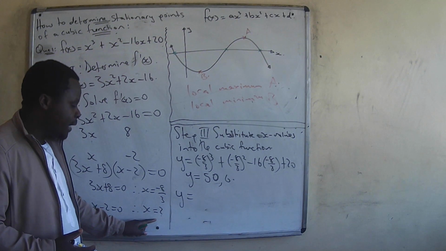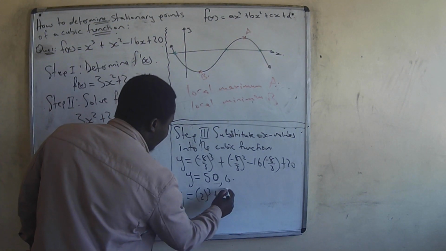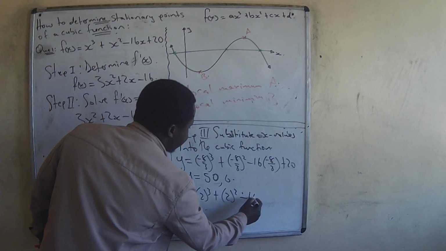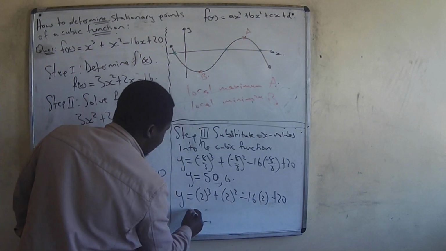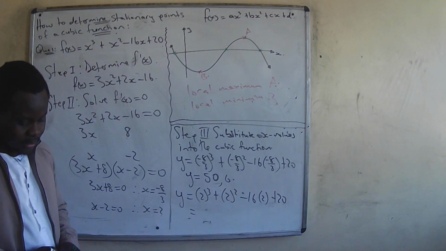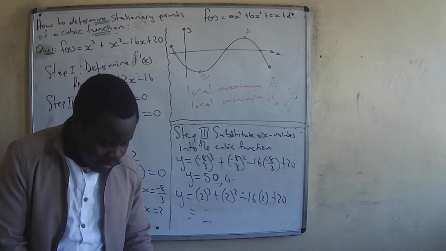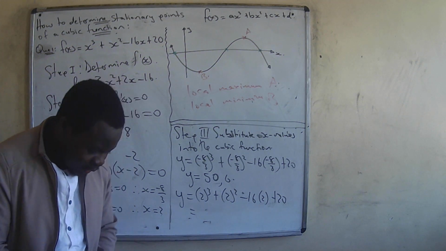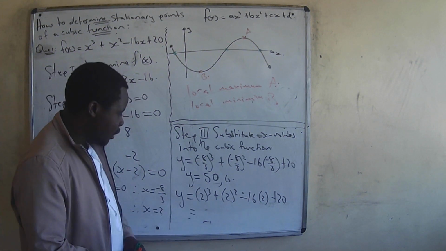Let us substitute x equals 2. So 2 cubed plus 2 squared, minus 16 times 2, plus 20. Let us substitute this into the calculator and see what the corresponding y value is when x is 2.